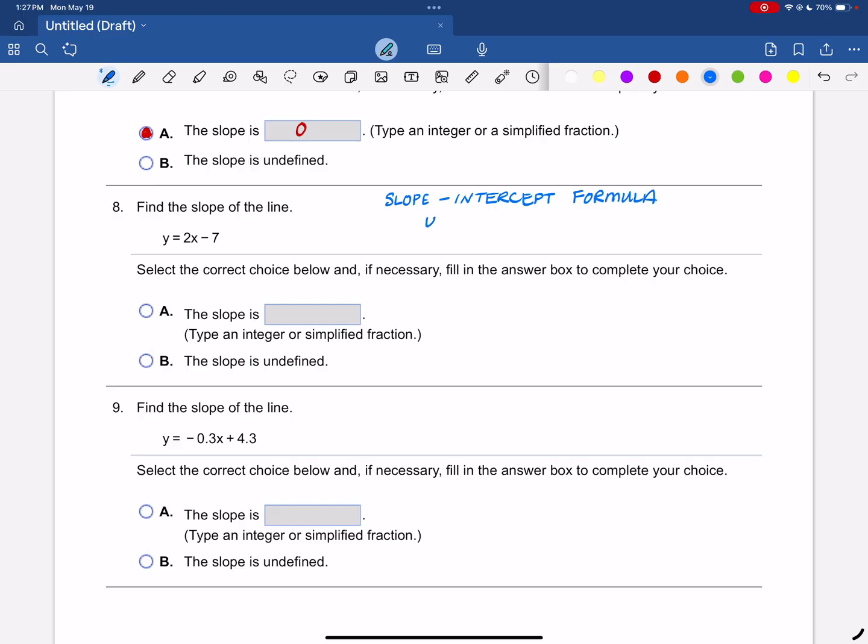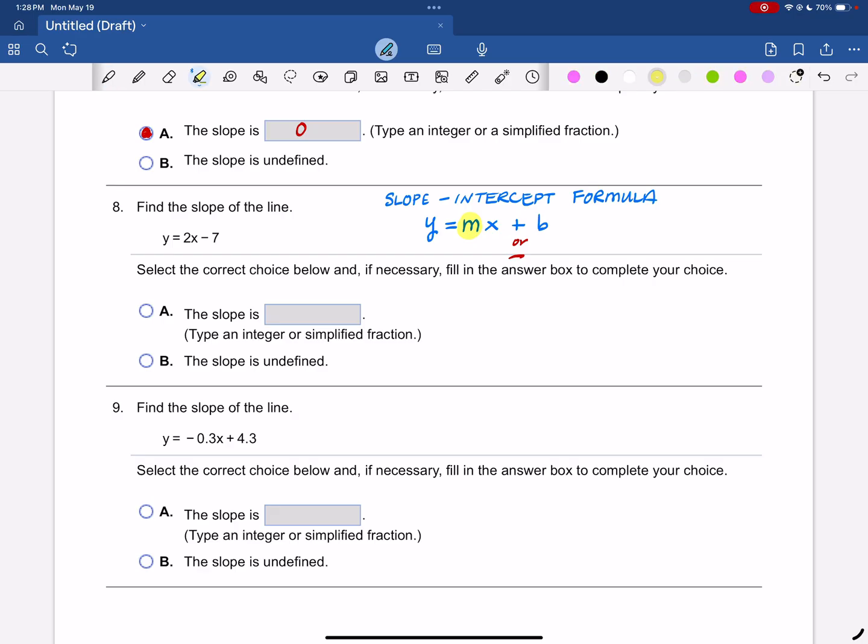And that is y equals mx plus b. And that plus could be a plus or a minus. In this case, it's a minus. In this format, m is your slope. It's right there. We don't have to do any work to find our slope.